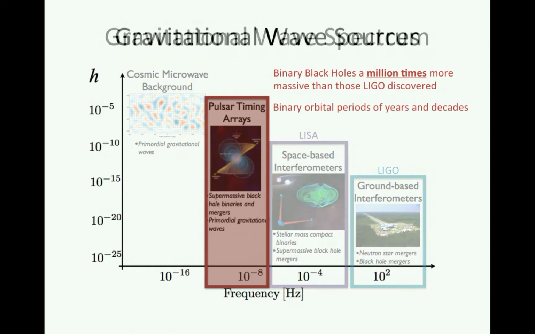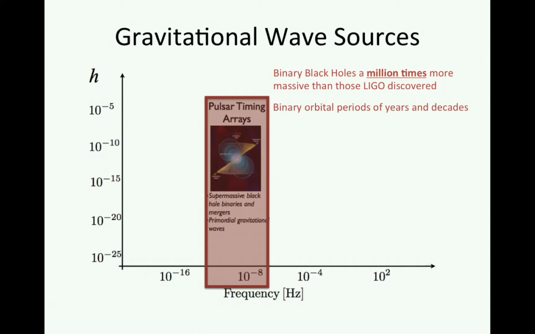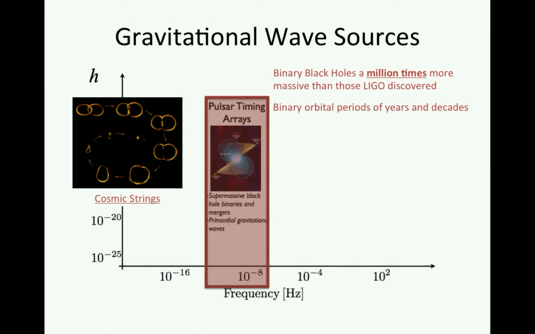There are many potential gravitational wave sources in the nanohertz gravitational wave frequency to which pulsar timing arrays are sensitive. The primary source is expected to be a population of supermassive black hole binaries. But there may be other, more exotic sources, such as cosmic strings, which are topological defects which may have formed as the early universe cools.